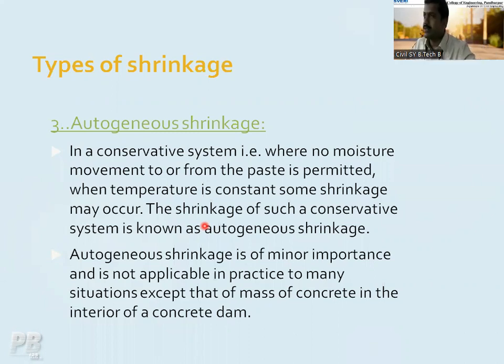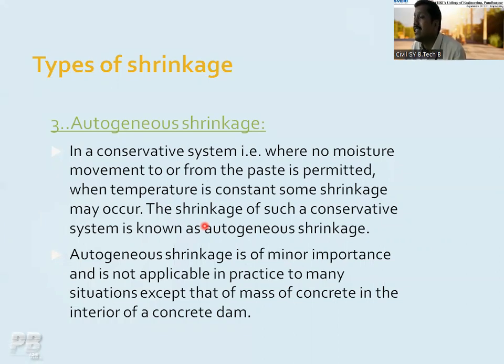So on the upstream side, the concrete body is covered with water, while on the downstream side, the concrete body is directly exposed to the sunlight. On one hand, we have direct sunlight exposure. On the other hand, we have concrete which is totally covered with water.